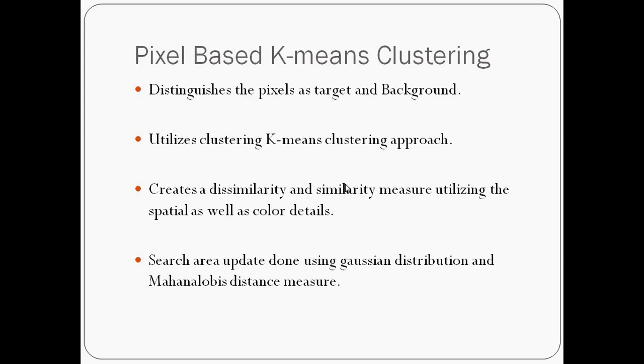It utilizes the k-means clustering approach, wherein it specifies the candidate pixels for the target as well as the background. Then the other unknown pixels are clustered either as target pixels or as background pixels, and that is done using a dissimilarity and a similarity measure, wherein the spatial as well as the color details are utilized.